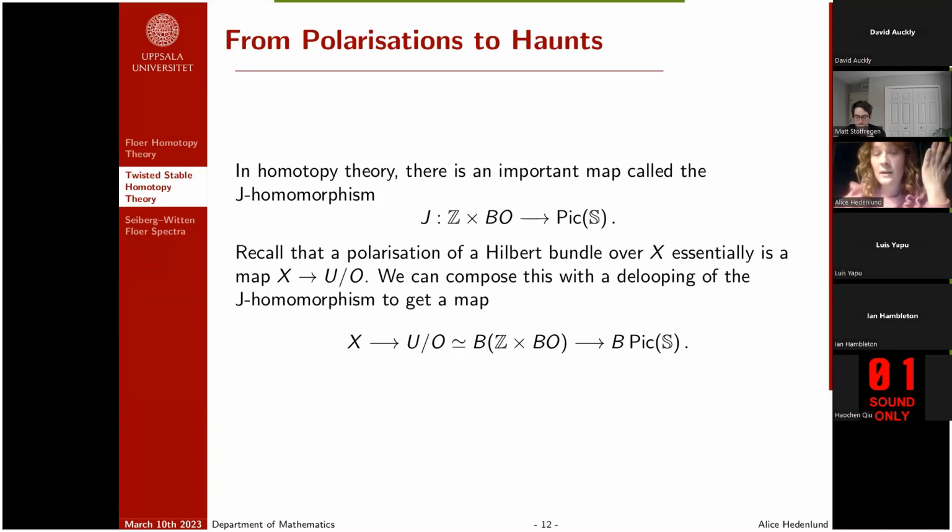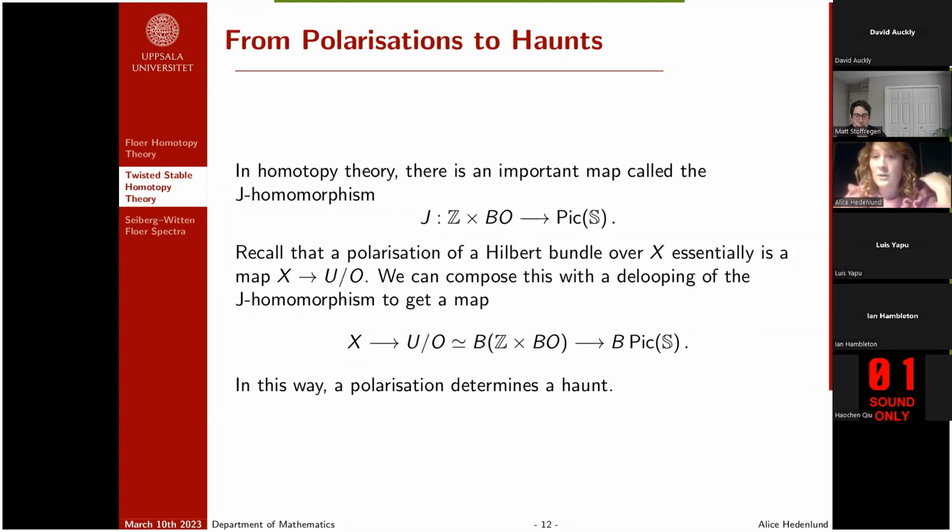So recall that a polarization, from a homotopy point of view, of a Hilbert bundle over X is essentially just a map X to U mod O. So what we can do is compose this with a delooping of the J homomorphism to get a map like this. U mod O, by Bott periodicity, is just B of Z cross BO, which the J homomorphism then maps to B Pic S. And in this way, a polarization determines a haunt.